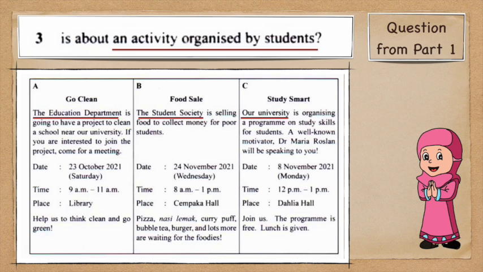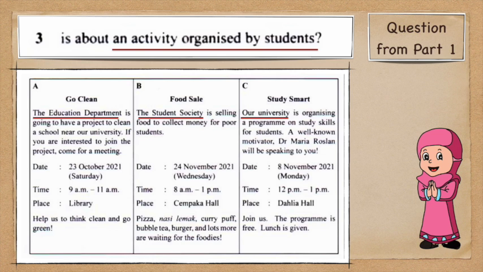And then we go to notice C. Notice C, Study Smart, is organized by the university. So our university is organizing a program, so it also consists of the lecturers or probably the department. So it's not the answer.